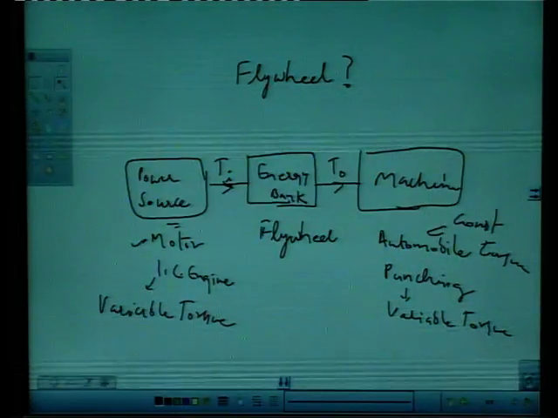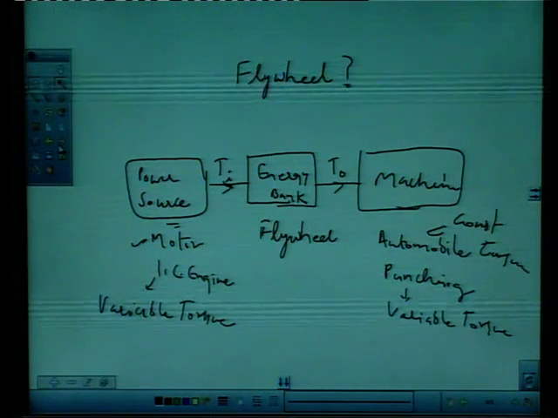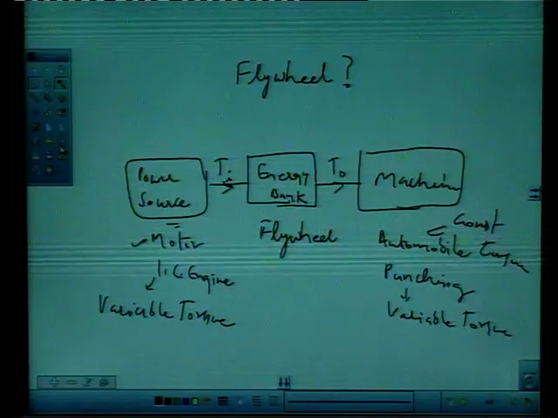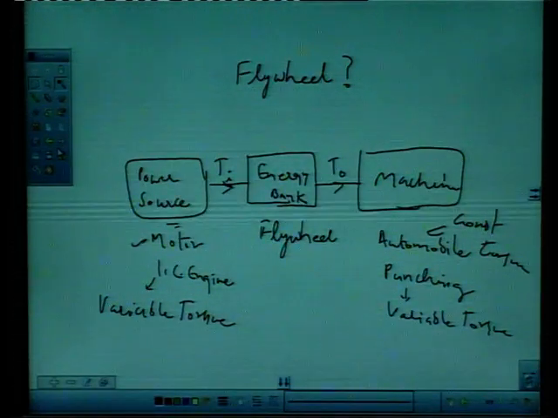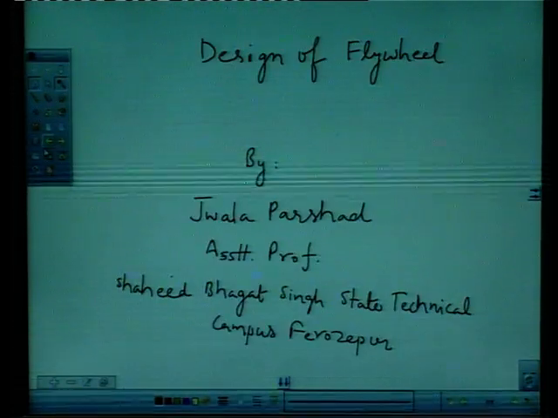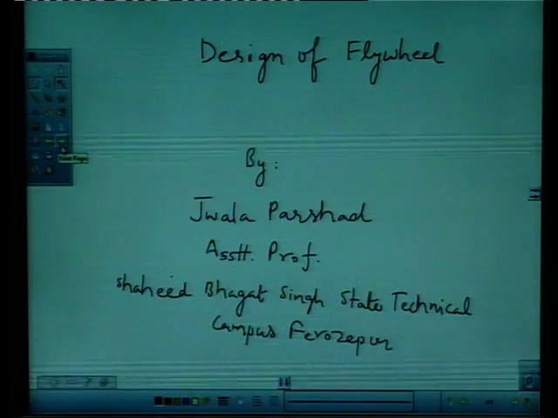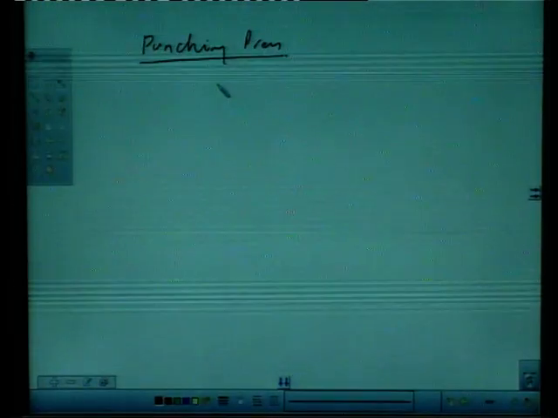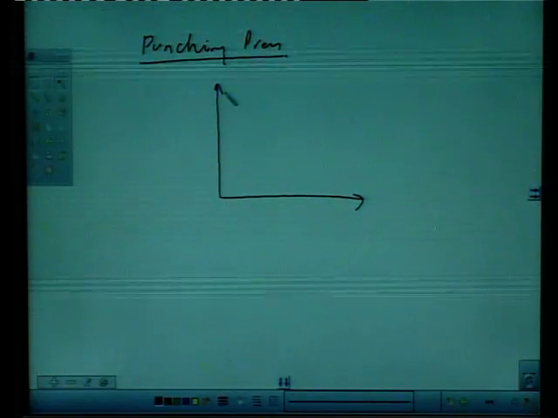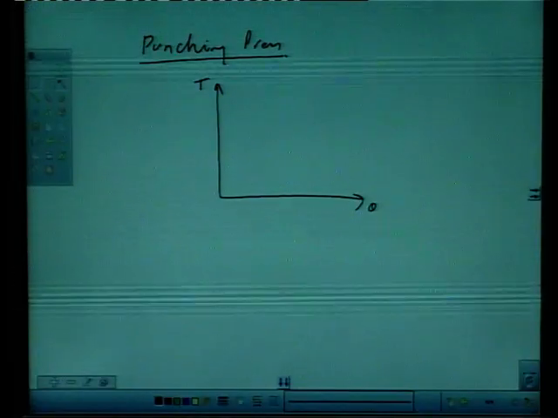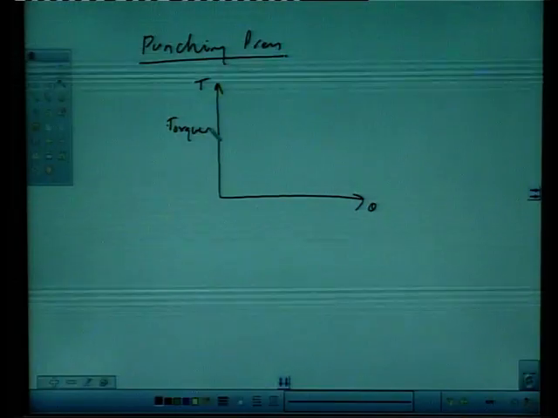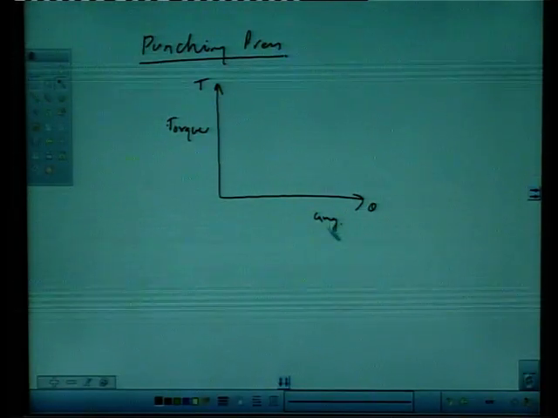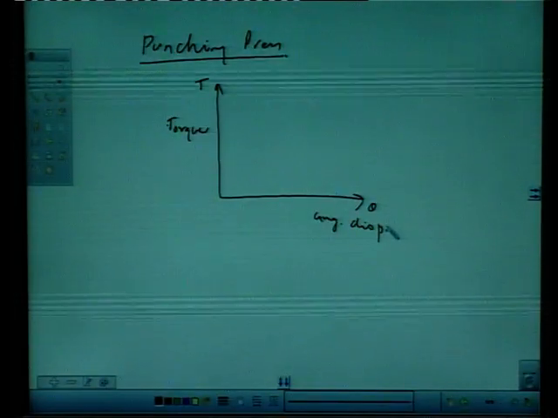Now, how does it work? See, say in case of punching press, say this is the torque required and this is the angular displacement theta, say it is the variation of torque.